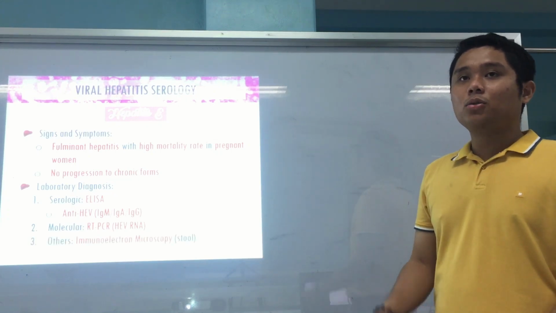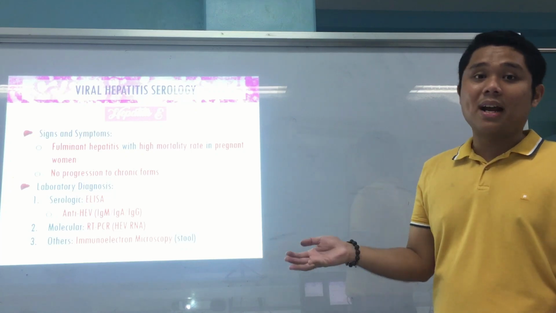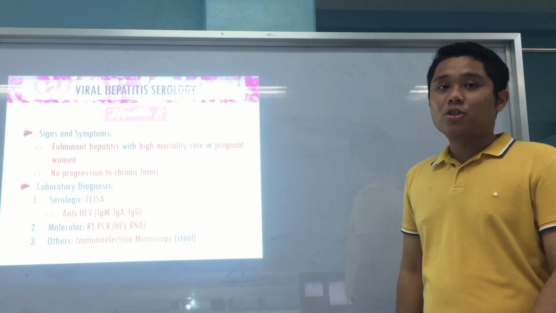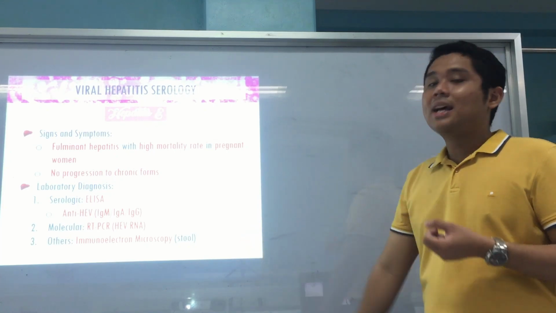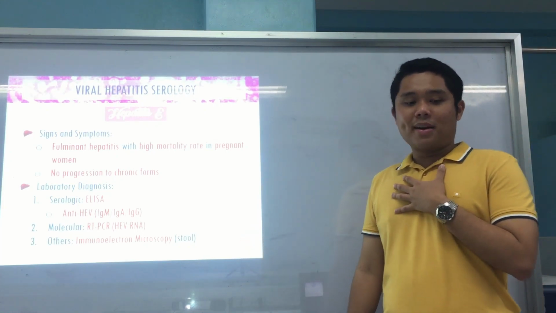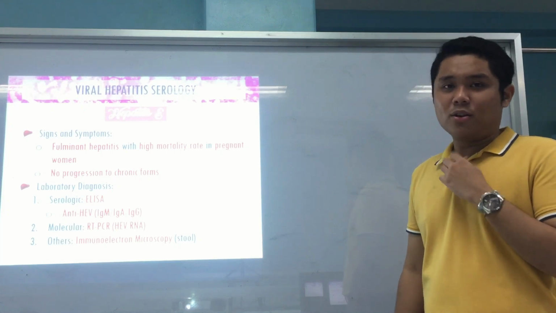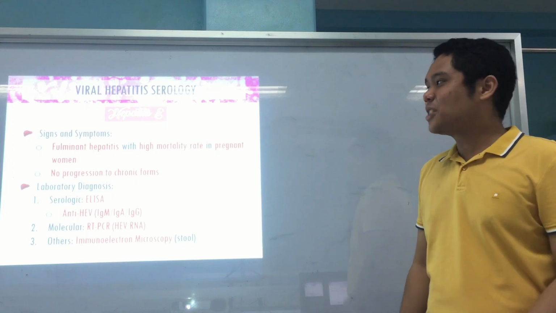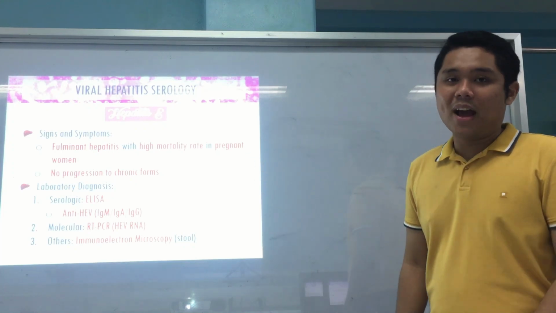And lastly, for high-end labs and good reference laboratories, we can perform immunoelectron microscopy for detection of the virus itself in stool samples. But again, it's not commonly performed in routine laboratories. Very technical. That's for hepatitis E virus.